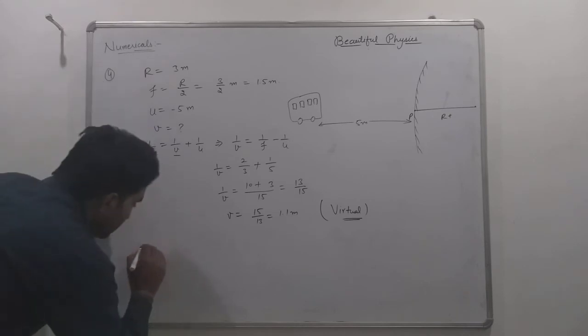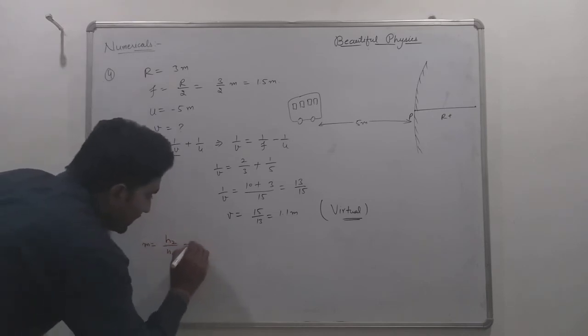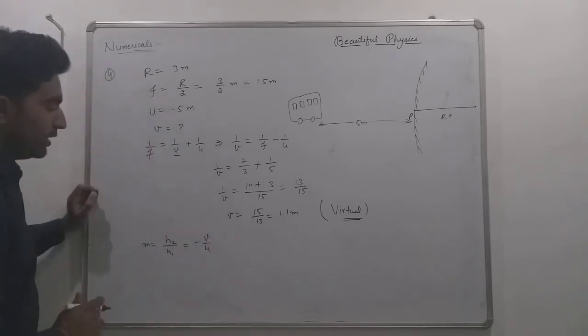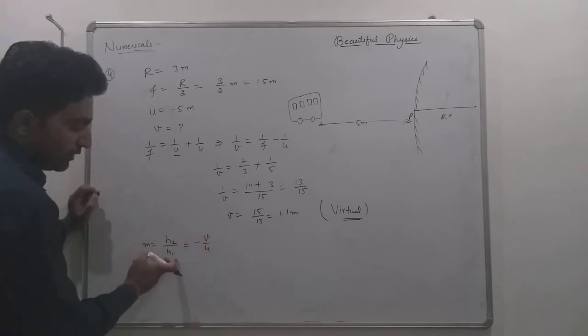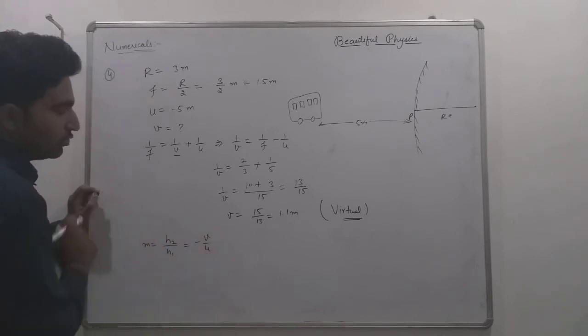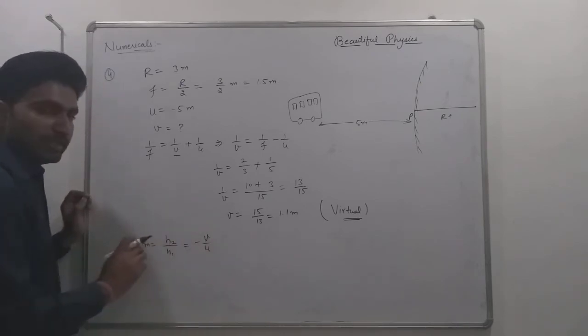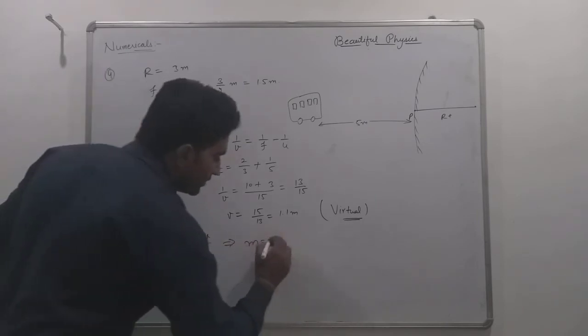Magnification m will be equal to h2 by h1, and it will be equal to minus v by u. Okay, so we have only the data v and u. We don't have h1 and h2 here, so we can only find the magnification, and the magnification m will be equal to minus v by u.